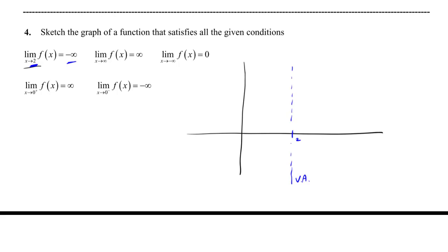Okay, what else? As x approaches 0 from the right, I get infinity. Oh, sorry, in the first one with 2, it was telling me I'm going to negative infinity. So basically, let me get that vertical asymptote out of the way there.